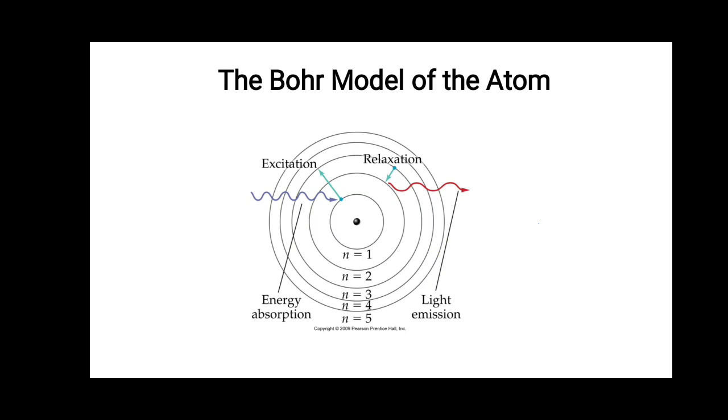When energy is absorbed, excitation takes place, followed by light emission. Here is the nucleus, the structure of the atom, and around the nucleus there are electrons revolving in a certain permitted orbit with a fixed radius.